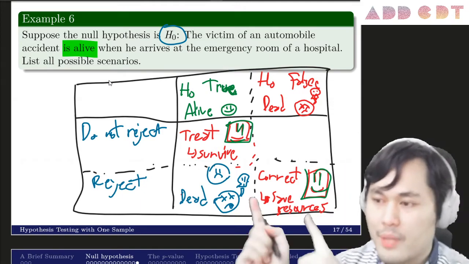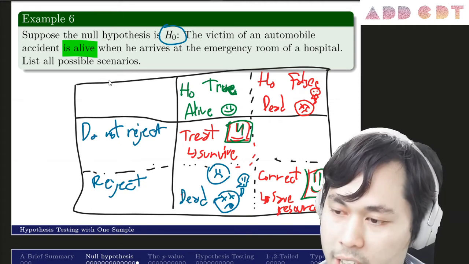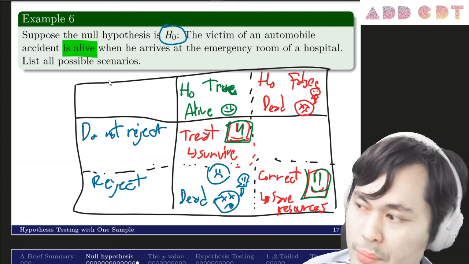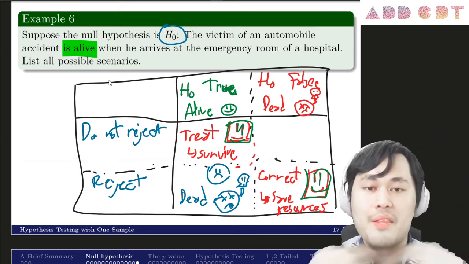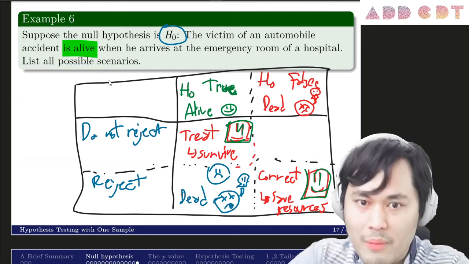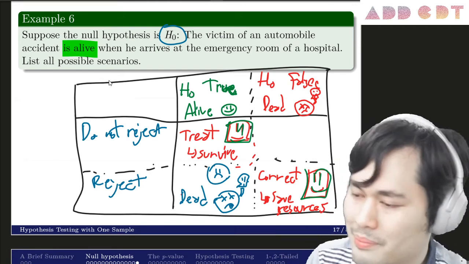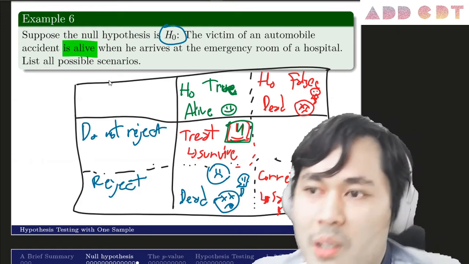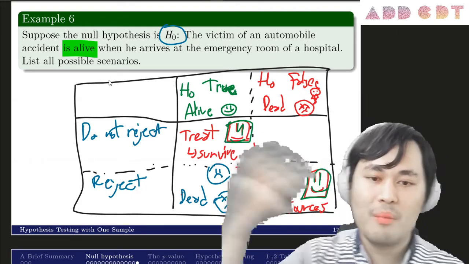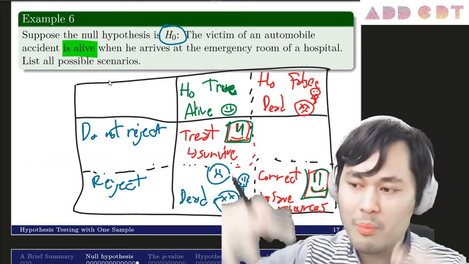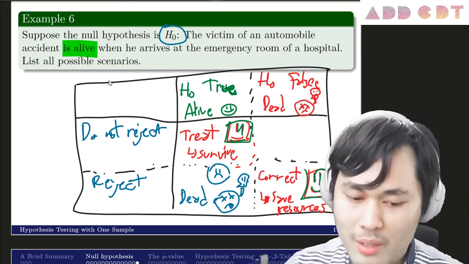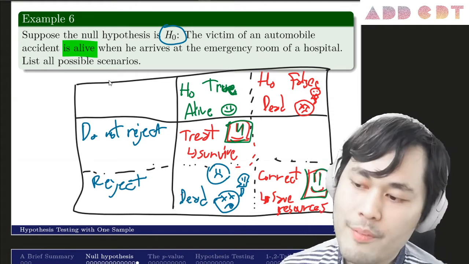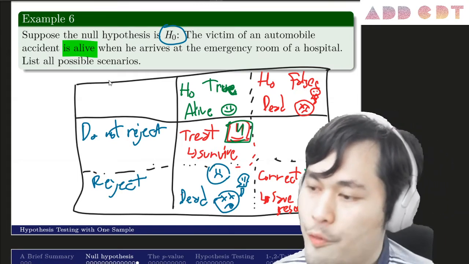And for the last one, if we do not reject, or if we still believe that he's alive when he's already dead, let's say again there is no head or neck, and we still try to resuscitate him, by trying to get him back to life, putting all the surgeons and all the equipment into the room, and trying our best for hours to give him back life, then we're going to fail because he's already dead.